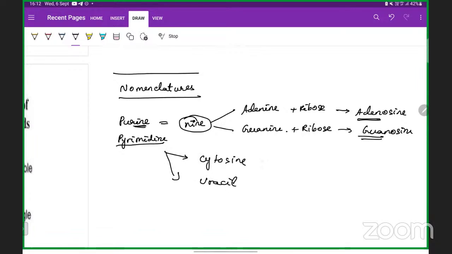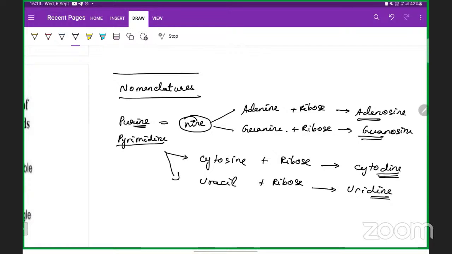When both of them combine with ribose sugar, they give you cytidine. I told you, right? It ends with DINE, and you have this uridine. So these are the structures that make up your DNA and your RNA.